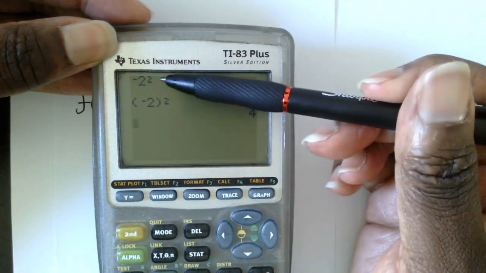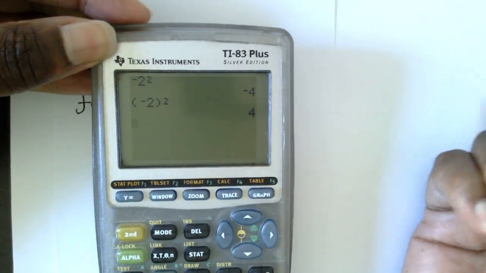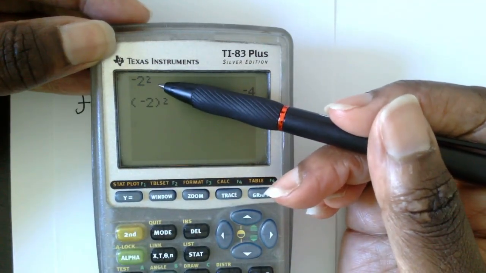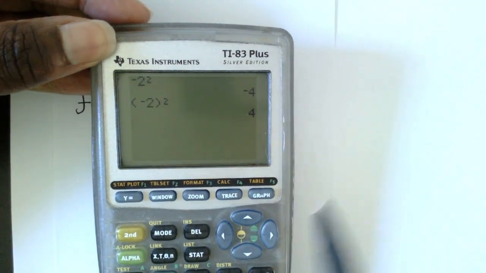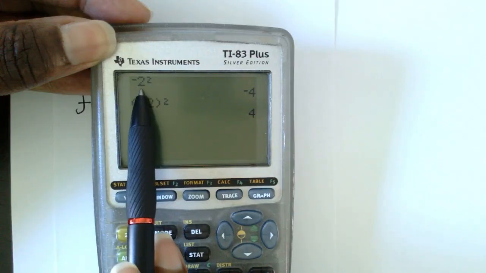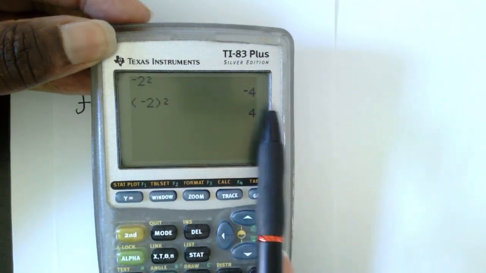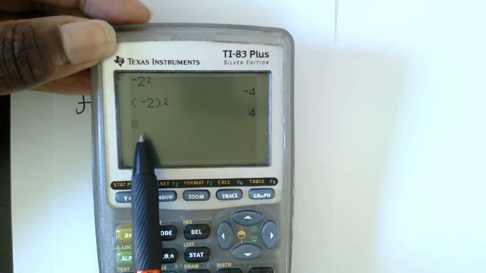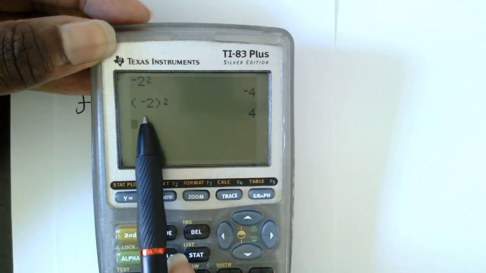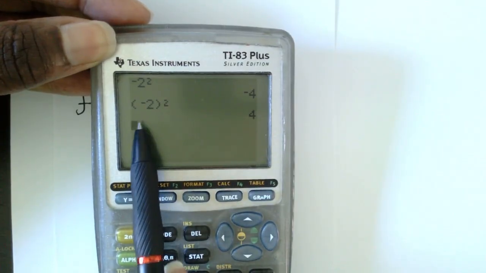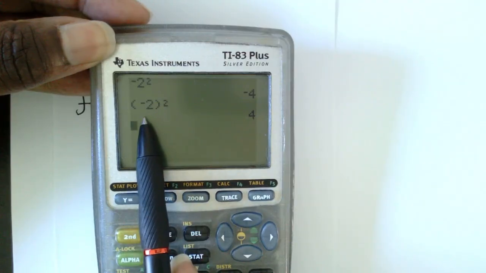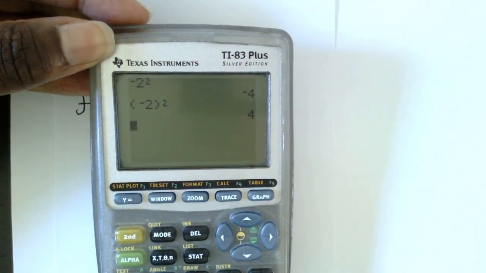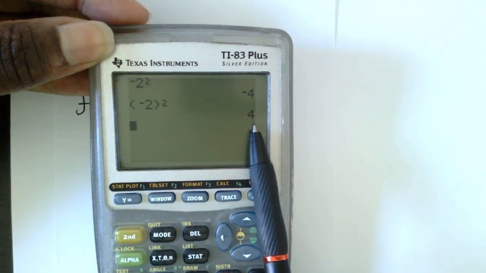This is a common error. If you just do -2 squared without parentheses, the calculator is squaring the 2. So 2 squared gives me 4, and then it tacks on the negative at the end. Whereas if you put parentheses around the -2, you're telling the calculator to square a -2, which means -2 times -2, and a negative times a negative gives us a positive.